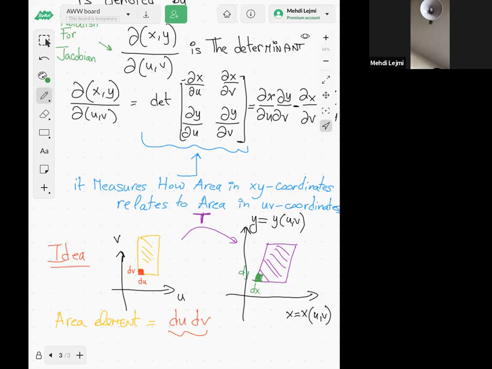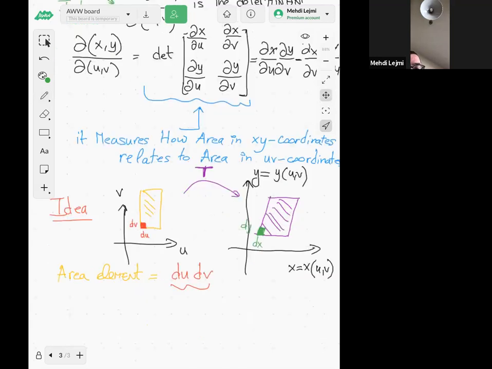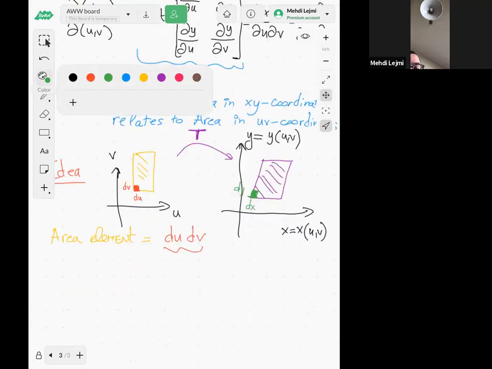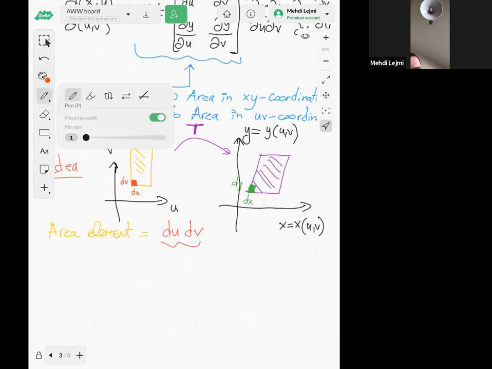What I'm saying here, guys, is that the geometric interpretation of the Jacobian is that it relates the area element in the uv coordinates to the area element in the xy coordinates.